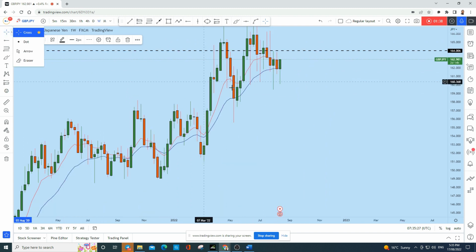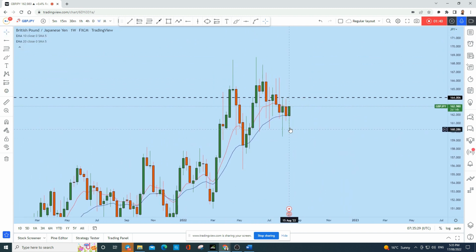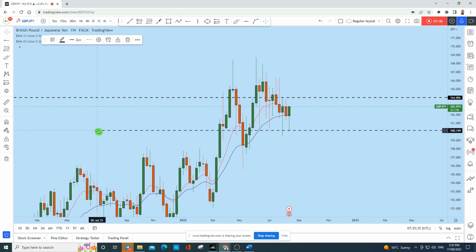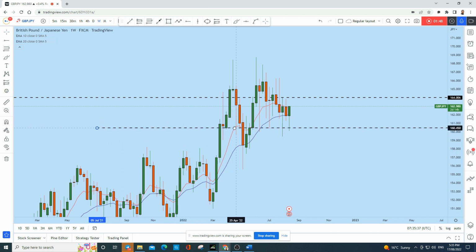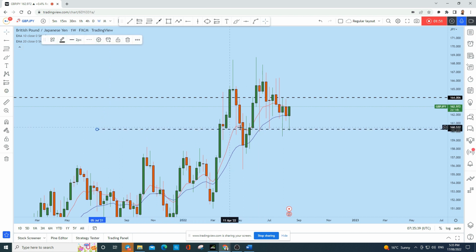On the weekly perspective, we see that the price has dropped to this level. There are a lot of long wick candles, as you can see on GJ. Now if you draw this level of support, you can see that this zone acted as a support many times in the past. Support here, support here, support here. Now we see a rejection from here, and that means, as you see on the higher time frame on the weekly, this zone is not tested yet.